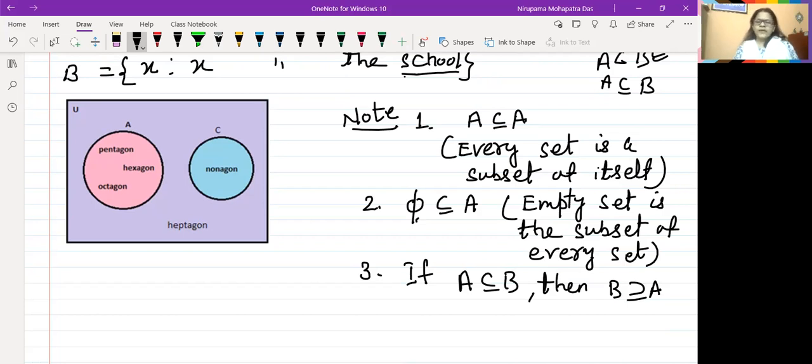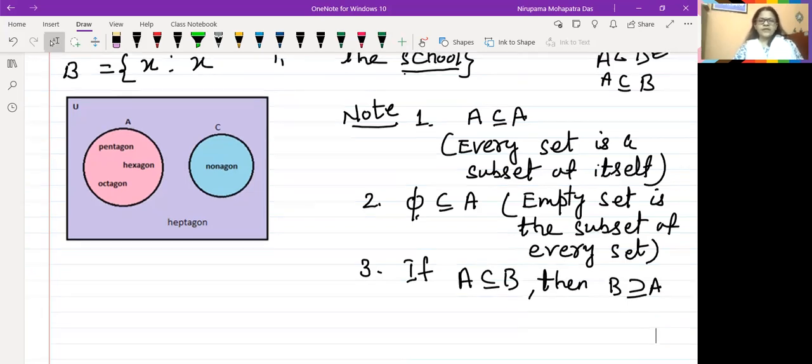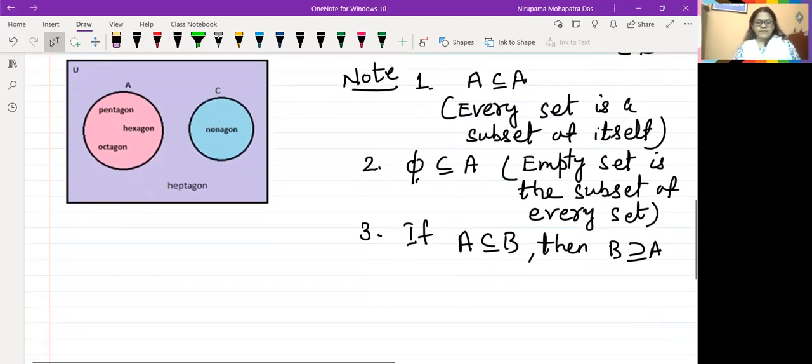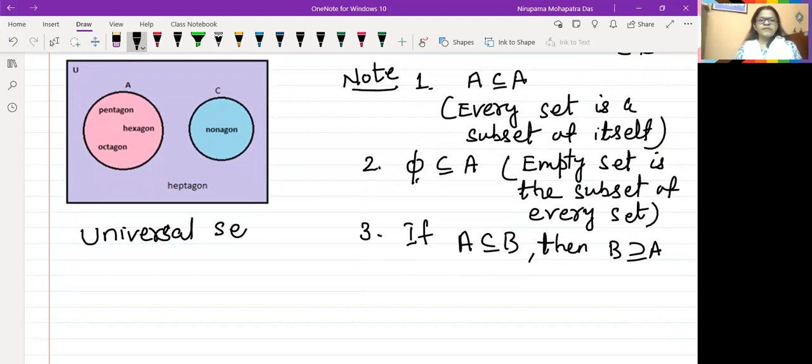Now next thing is, we can say universal set. So in universal set, as you know, universe contains everything.